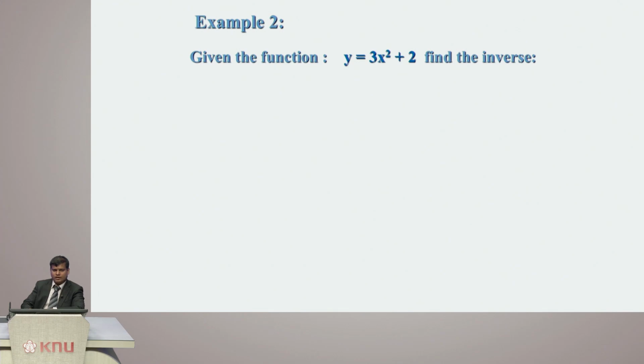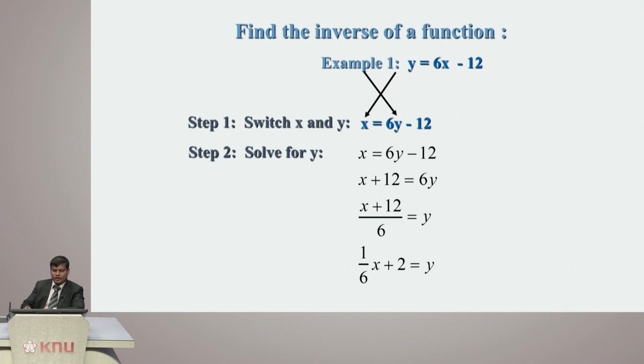Again, given a function y equals 3x square plus 2, find the inverse. Here we are given y in both cases. Even here we are not given the actual function f of x, but rather we are given y and are asked to solve for y.